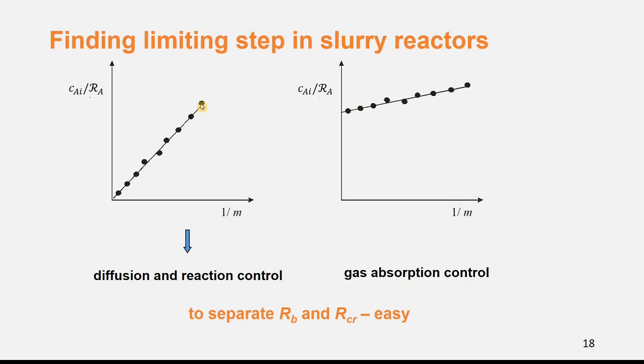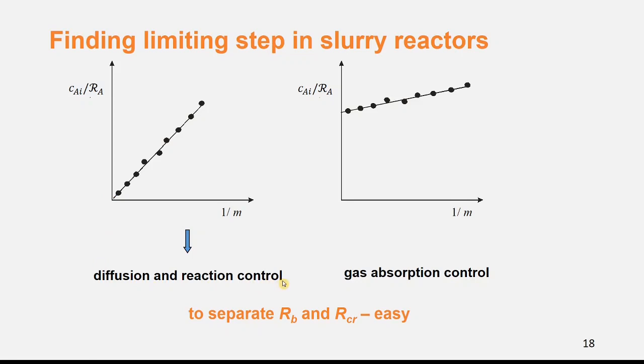Again, the slope of the plot is the combined resistance RCR, which includes the resistance due to external diffusion, internal diffusion, and reaction. And the y-intercept is the resistance due to gas absorption, Rb. If the slope is large and the y-intercept is small, as on the left, then the diffusion and reaction resistances are high and the gas absorption resistance is low, meaning that diffusion and reaction are controlling or limiting the overall rate.